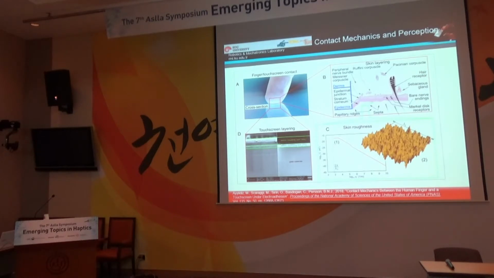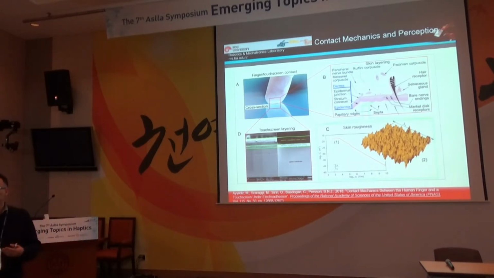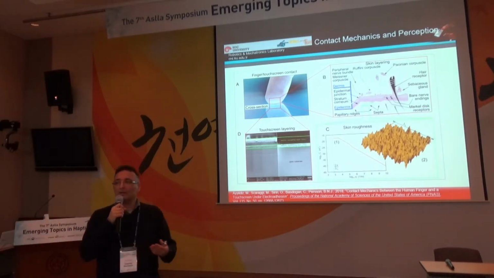It turned out that this is very important for electrovibration because it significantly affects the real contact area. Okay, so that's something I'm going to talk about. Throughout my talk, I will emphasize two different areas. One is the apparent contact area.